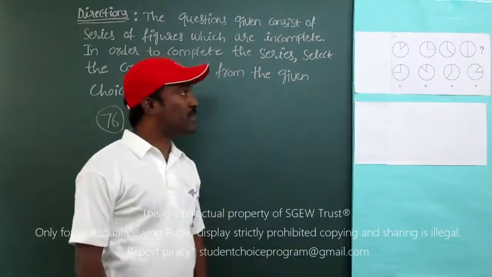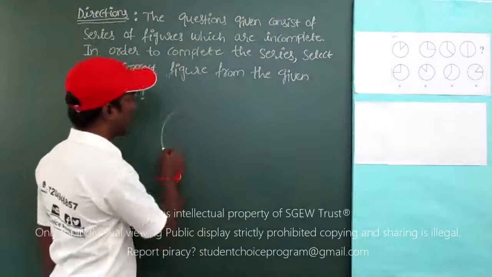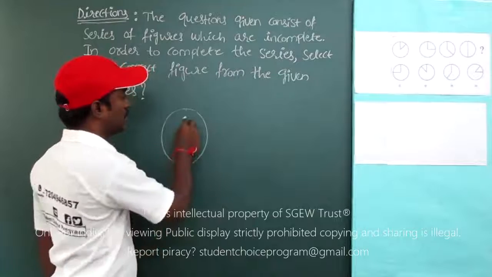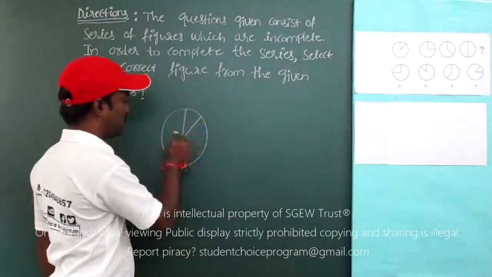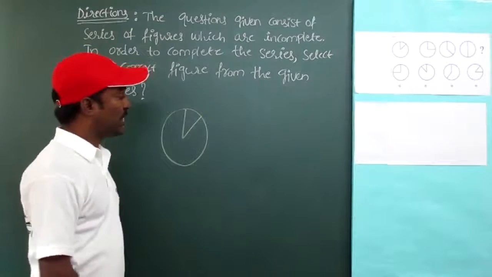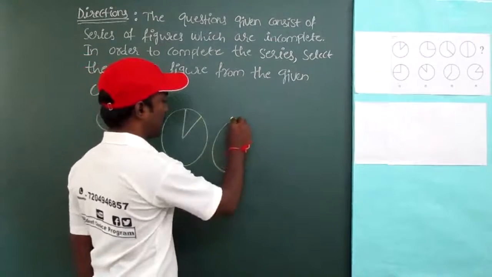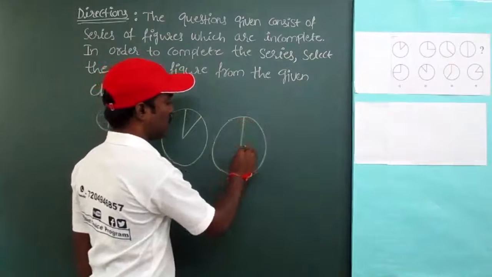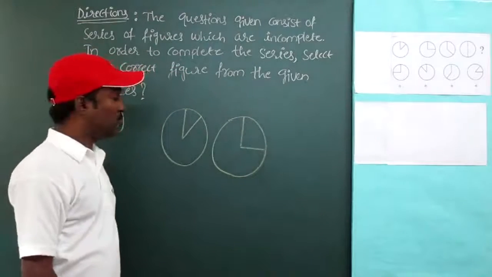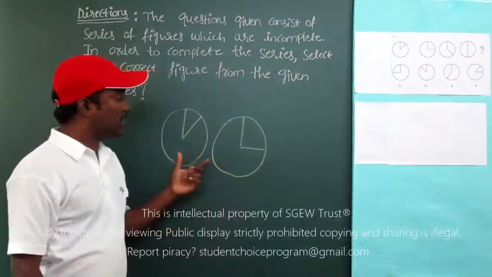So the first figure I will draw here. This is like this. Okay, the next figure, if you see, do you find any observation?